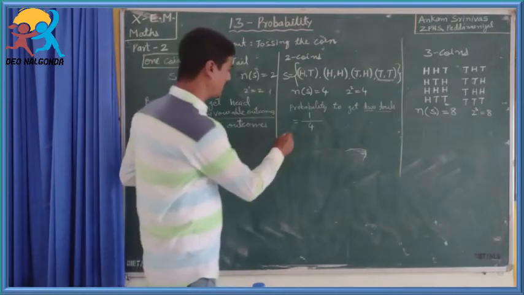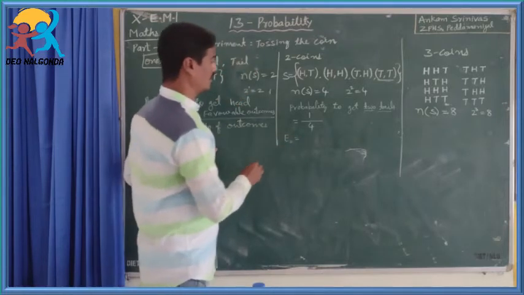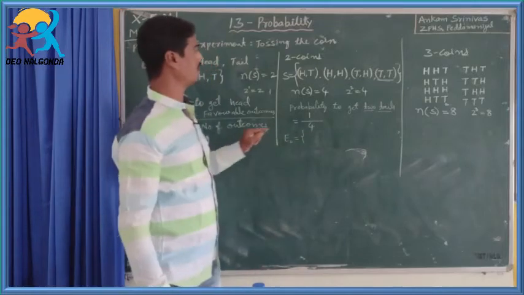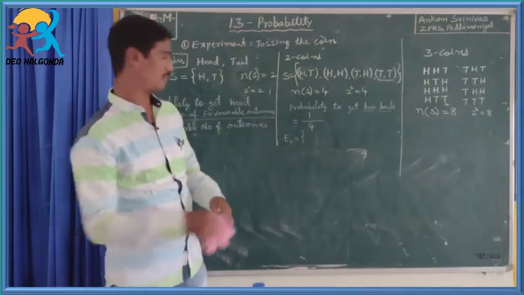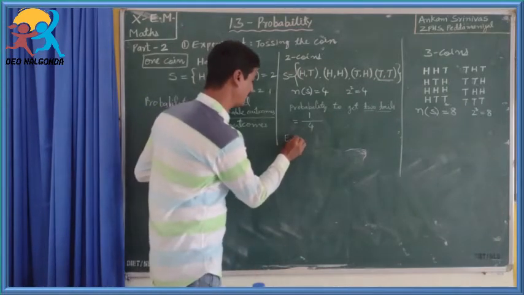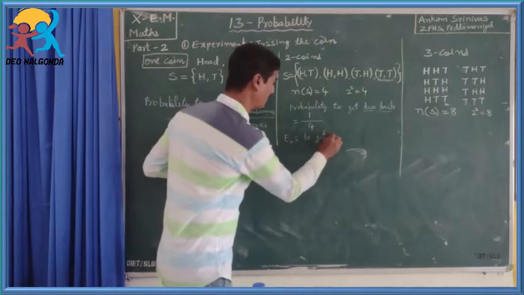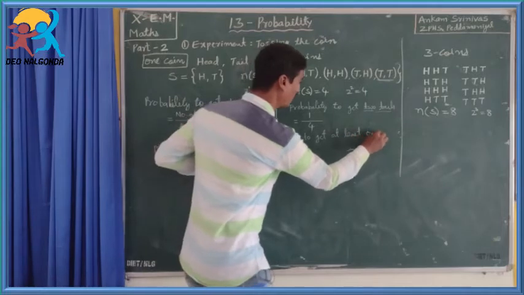Suppose I take the second event: at least one head. Event 2 is described as getting at least one head.